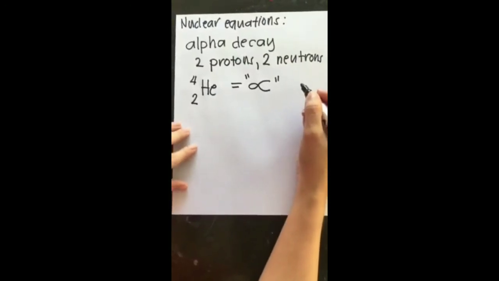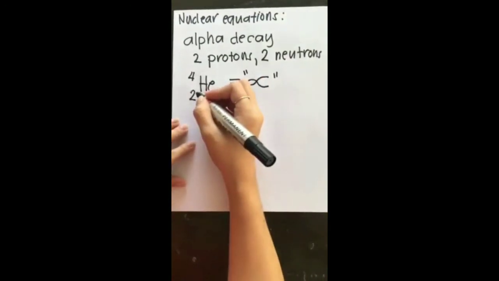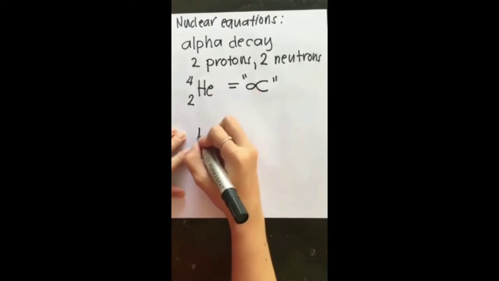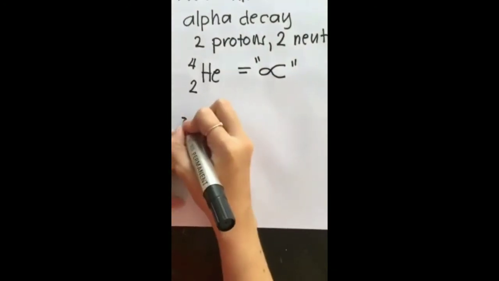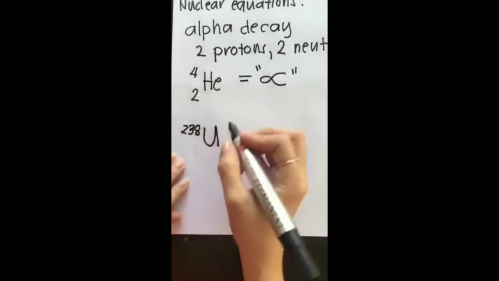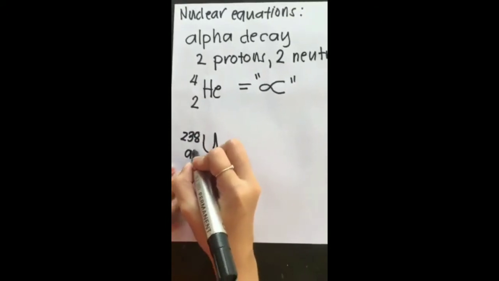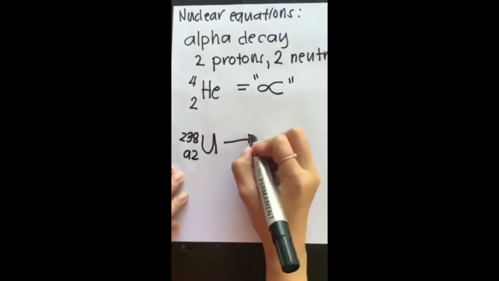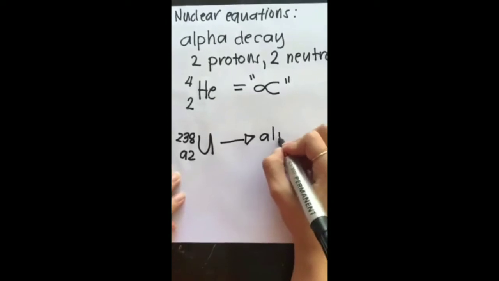For an example, let's have the unstable nucleus of uranium with atomic mass of 238 and atomic number of 92 will undergo alpha decay.